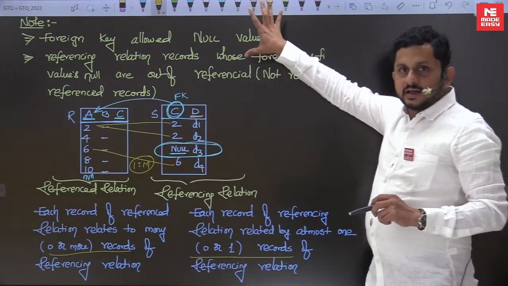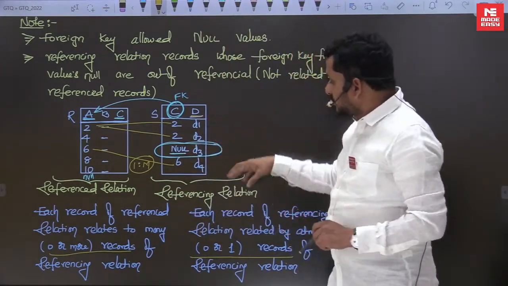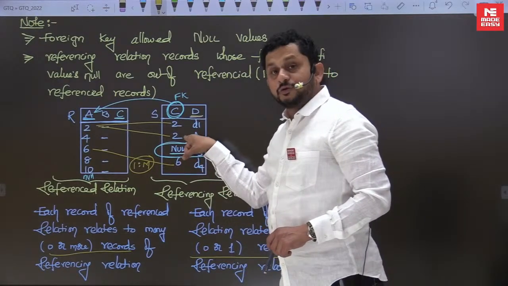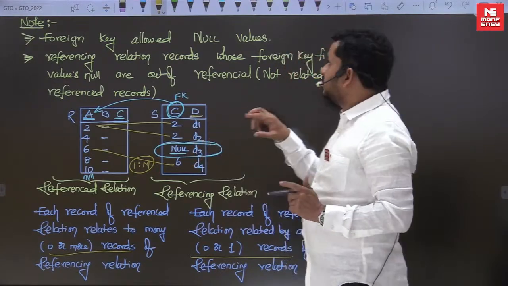So this is the explanation related to this. Here we are saying zero because the foreign key value can have a null value, and those are out of the referential constraint, right?